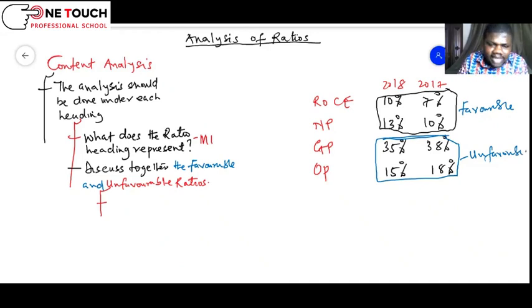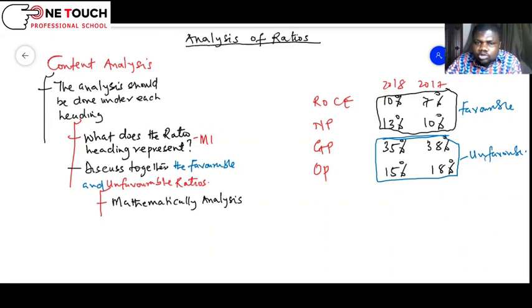So how do we discuss? You do a mathematical analysis for each ratio. You do them together, favorable and unfavorable.